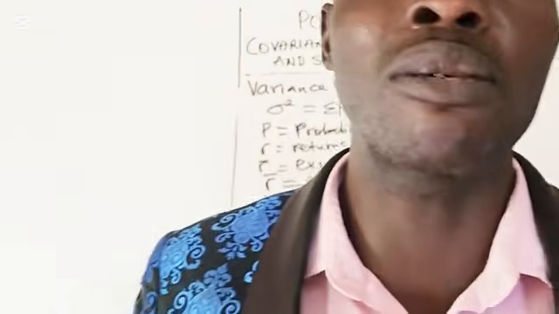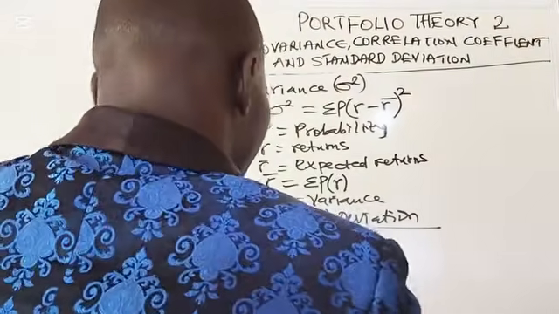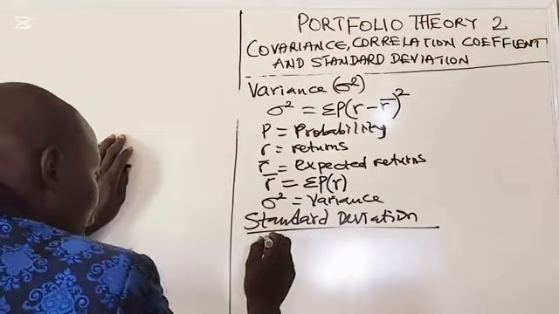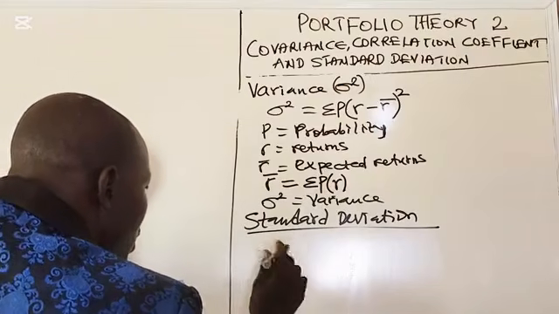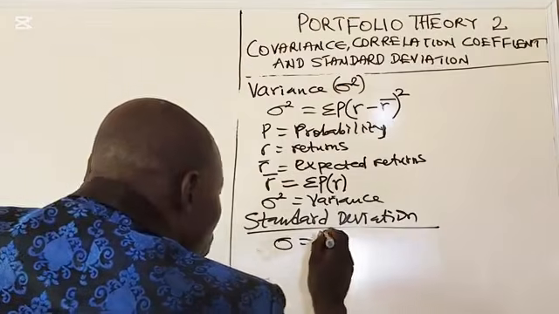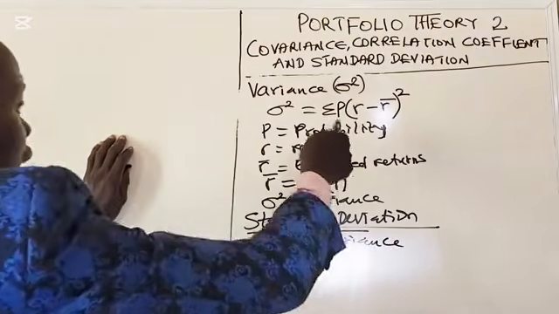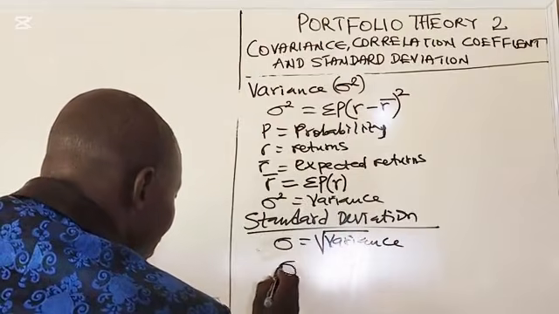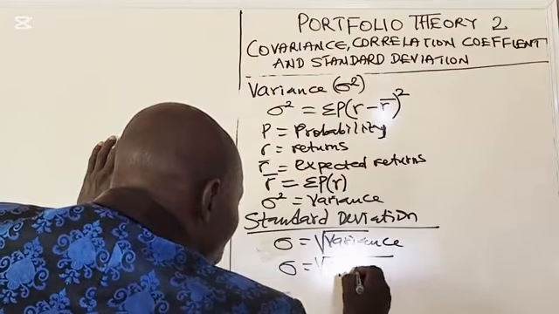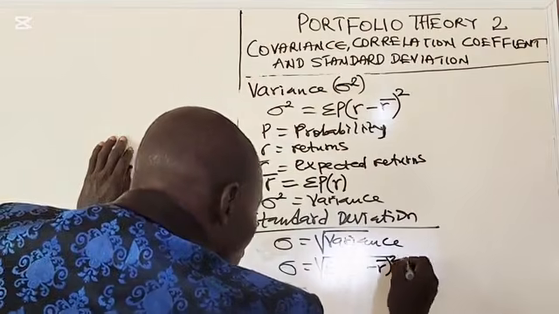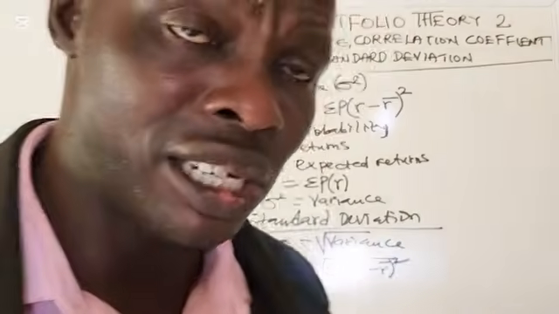After you have calculated the variance, just find the square root of it. That means standard deviation equals the square root of the sum of P times (returns minus expected returns) squared. So that is the formula for calculating the standard deviation.